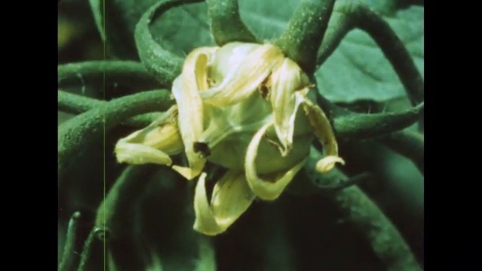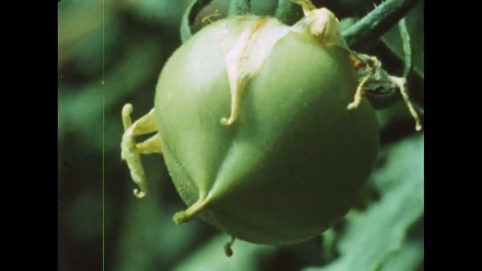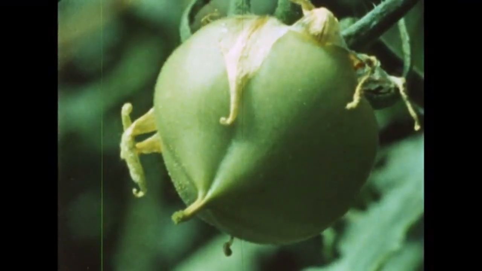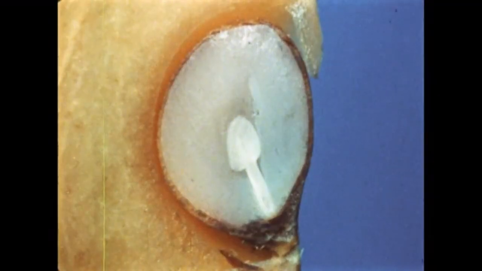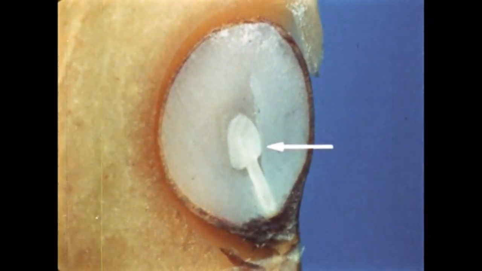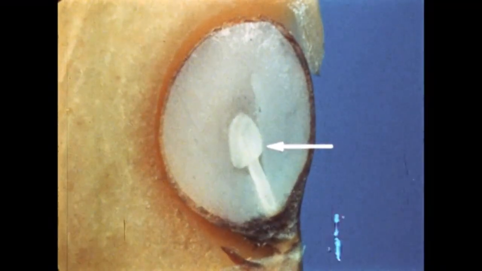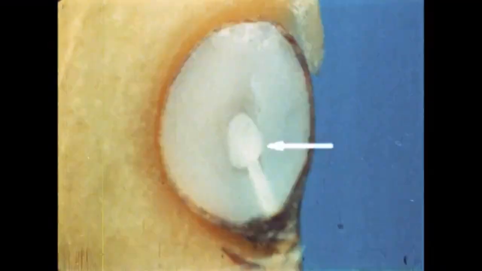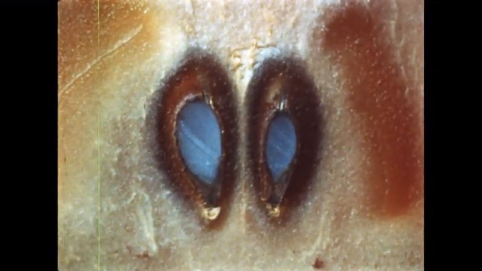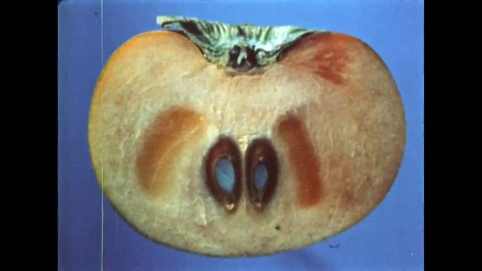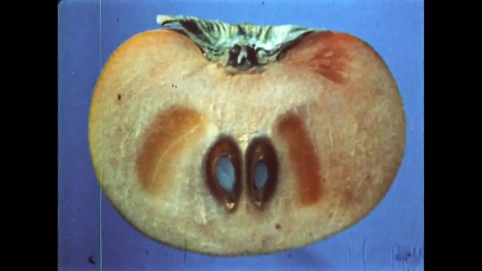After fertilization, their ovaries grow and develop into fruits with seeds. This is the embryo of the persimmon plant. It has grown from a fertilized egg nucleus. These seeds have developed from ovules. And this fruit used to be the ovary of a persimmon flower.